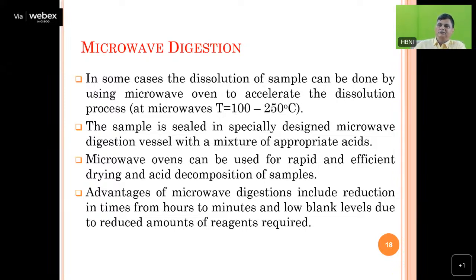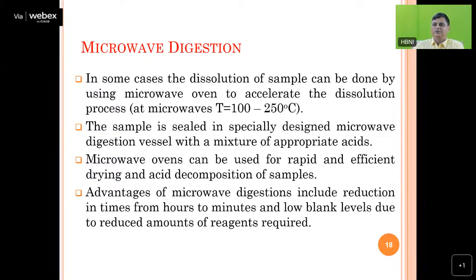And the other important thing is that it has to be done in very closed vessels only. Specially designed vessels are available for doing microwave digestions. The advantage is that whatever volatile elements are there will not get out of the system, and the sample can be analyzed even for the volatile element.